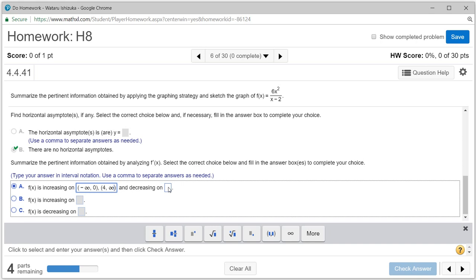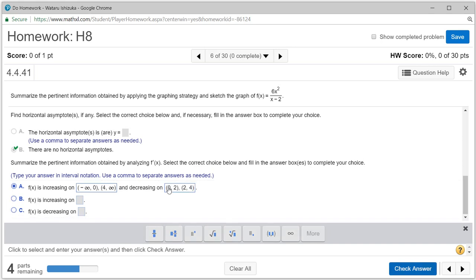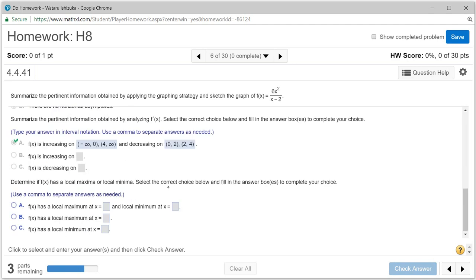And decreasing between 0 and 2, and then 2 and 4. Let's check the answer. We got that.